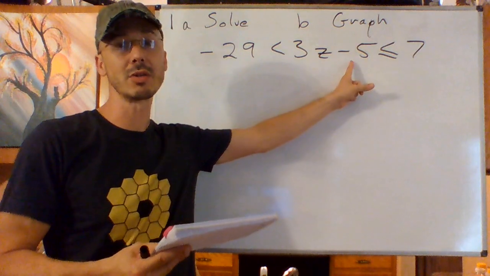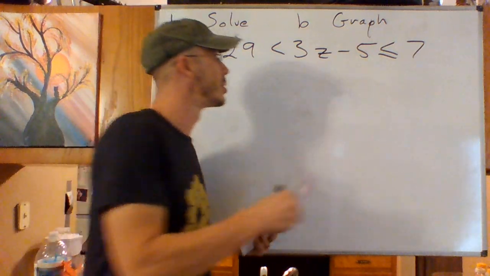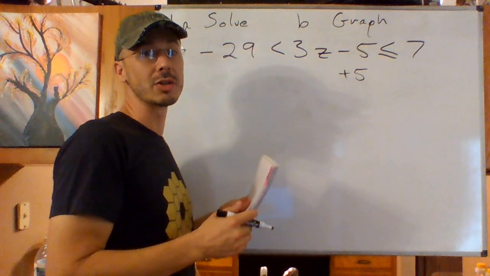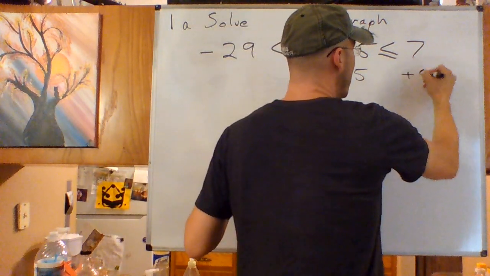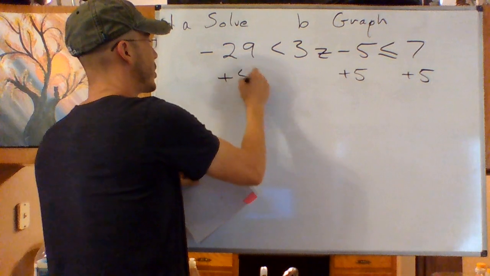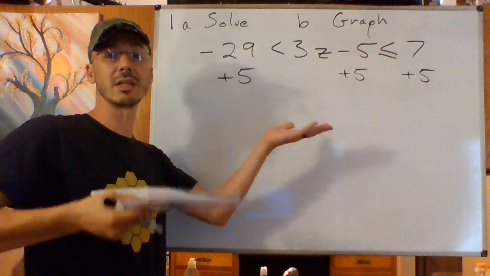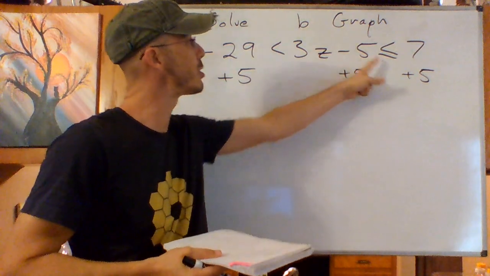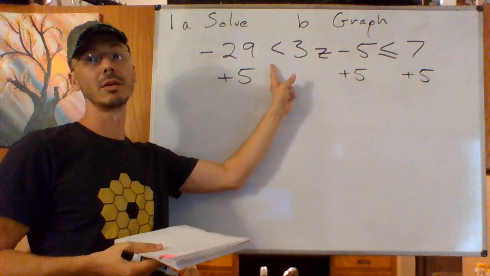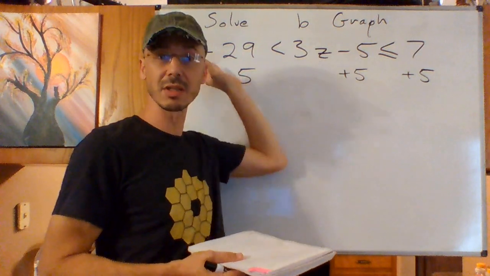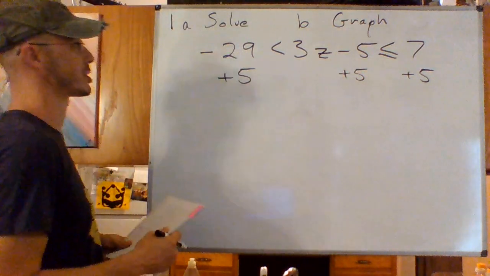So the first thing I want to do is add 5. But unlike an equation, there are 3 places where I have to do it, not just 2. There are 2 sides of an equation, but this is a compound inequality. It's kind of 2 inequalities, but I'm going to solve them at the same time because it is one single expression.